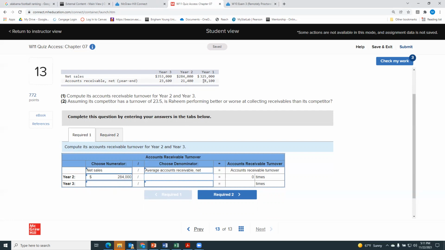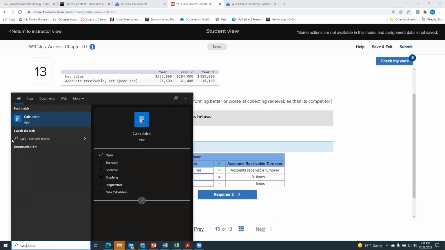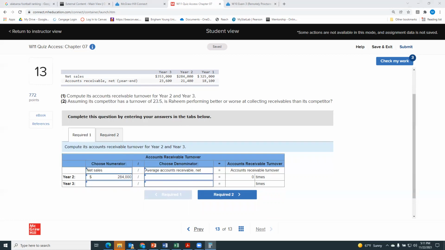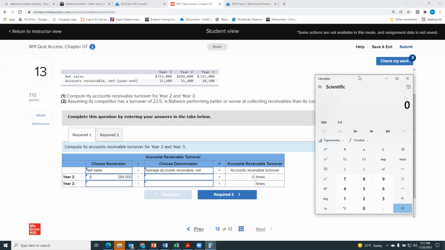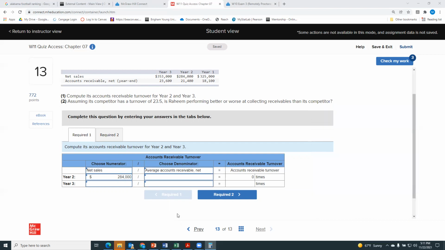So we're taking the accounts receivable at the beginning of year 2 plus the accounts receivable at the end of year 2 and dividing by 2 to get the average. So we'll take 18,100 plus 21,400. Divide that by 2, and I get an average of 19,750.